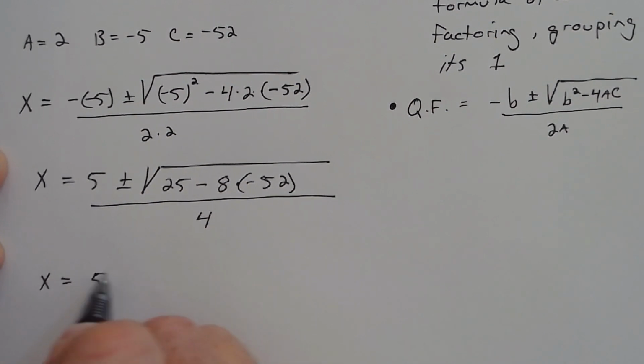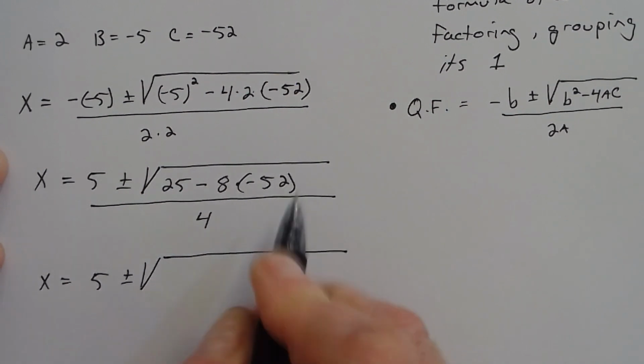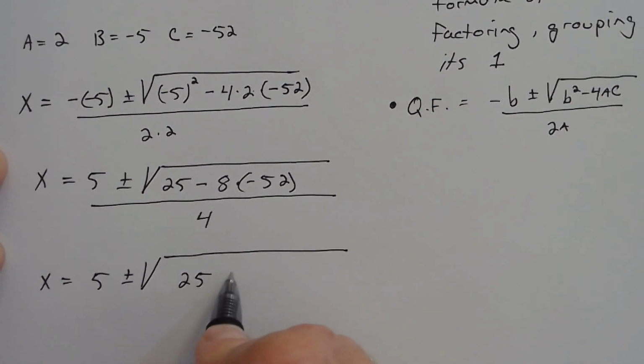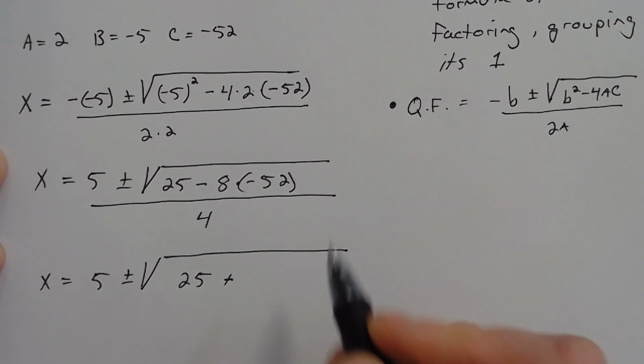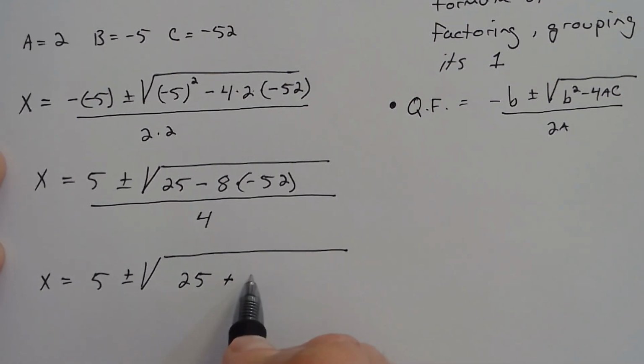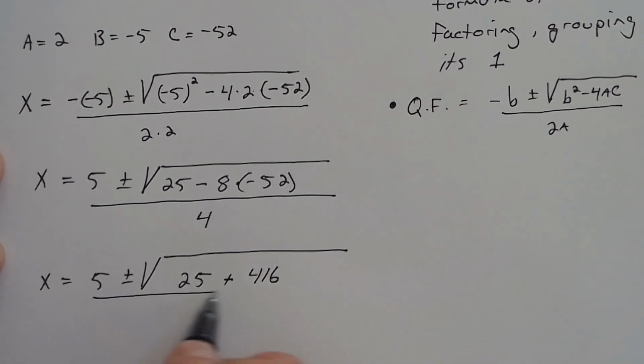So x is equal to 5 plus or minus the square root of 25 plus 416 over 4.